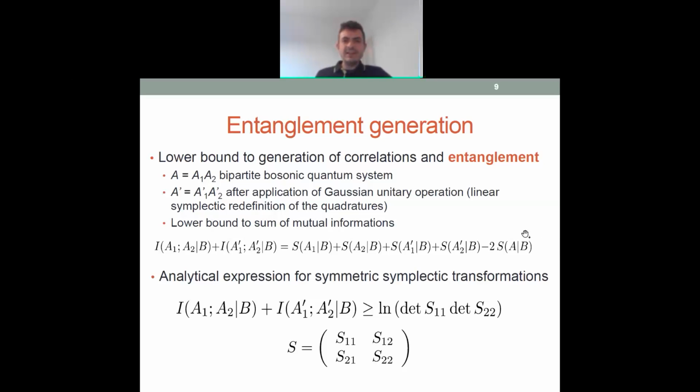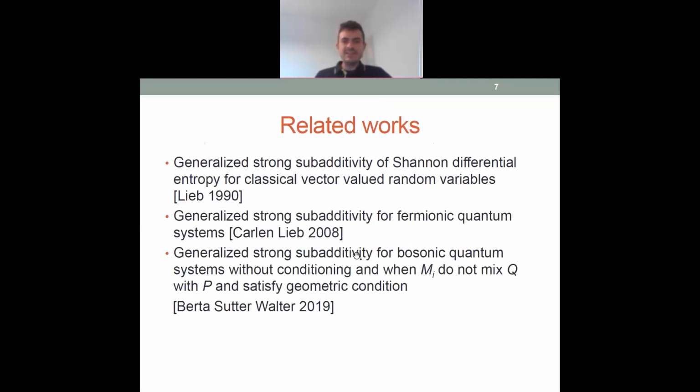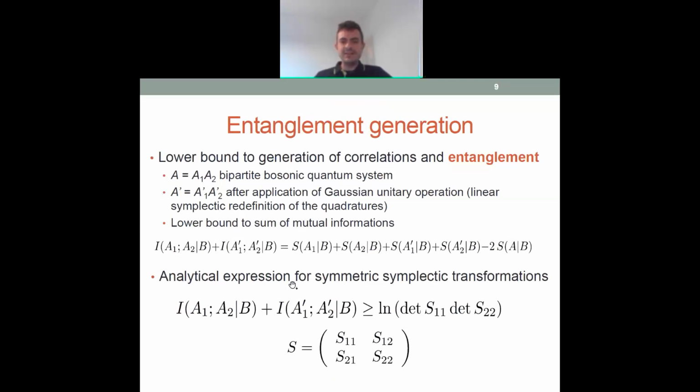And actually, I have to add that, in general, we have to perform by hand the maximization over covariance matrices, the one that I have shown here. But in the case where the symplectic matrix that's associated to the Gaussian unitary operation is actually symmetric, we can find an analytical expression for this optimization.